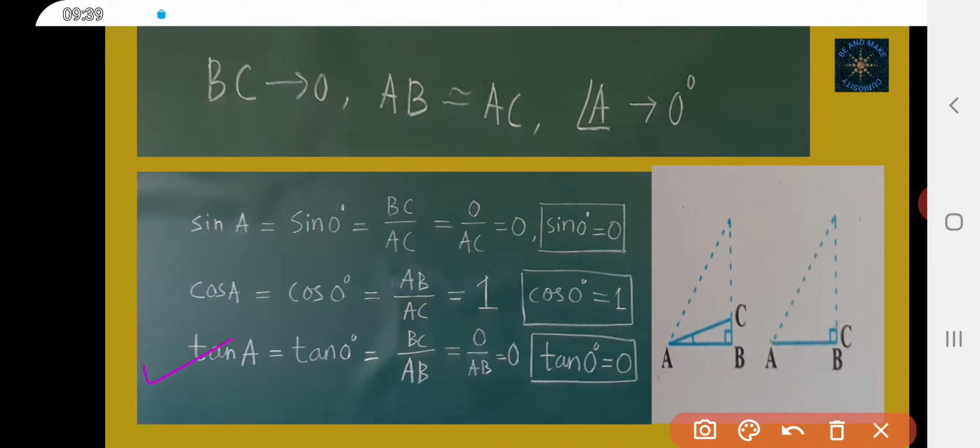Now come to tan A, means tan 0 degree. Okay, A is close to 0 degree, so you take 0.